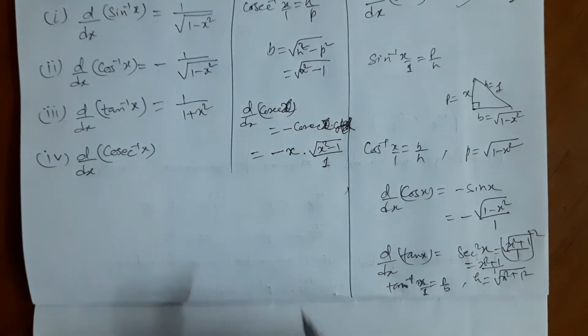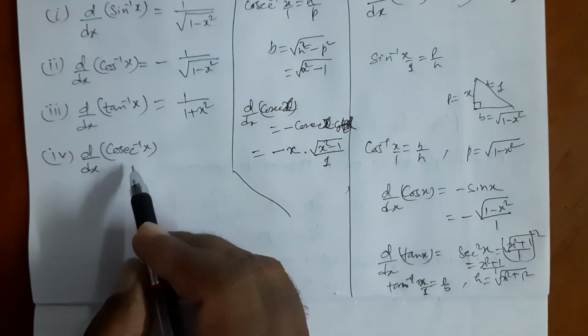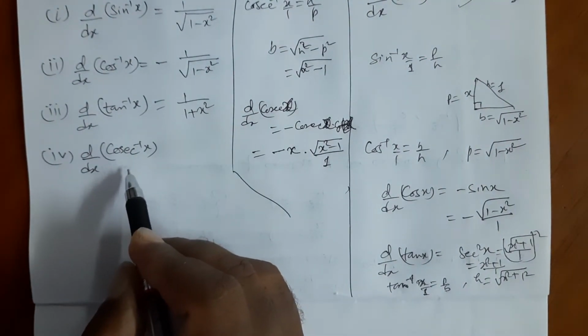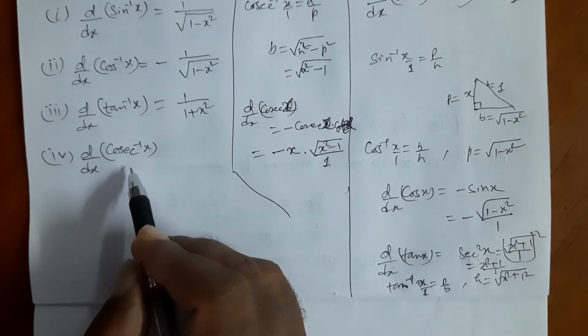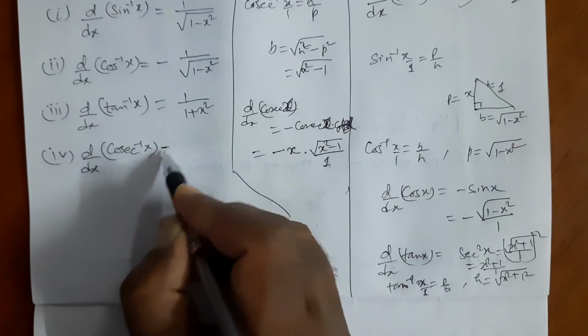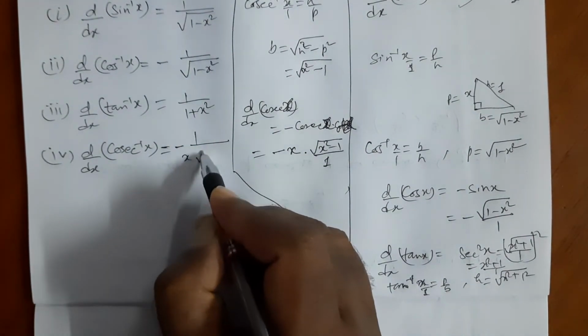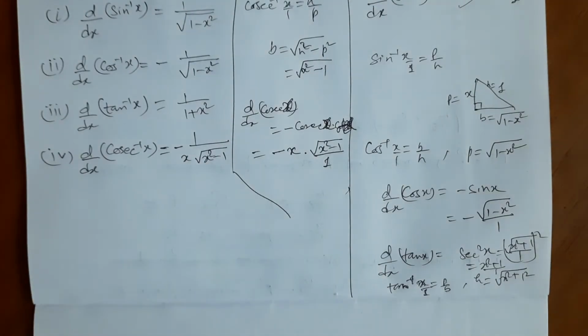Now as we need the derivative of the inverse circular function, we will take the reciprocal of this, so it will be minus 1 over x times root over x square minus 1.